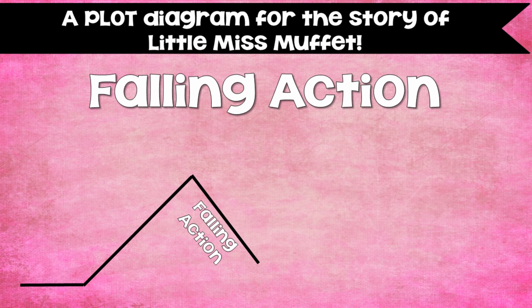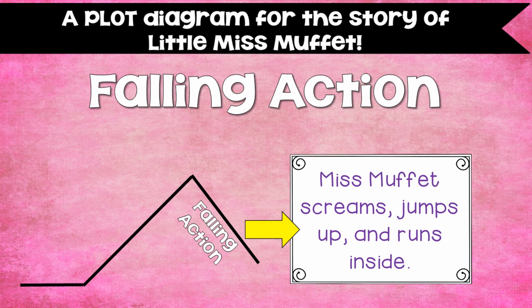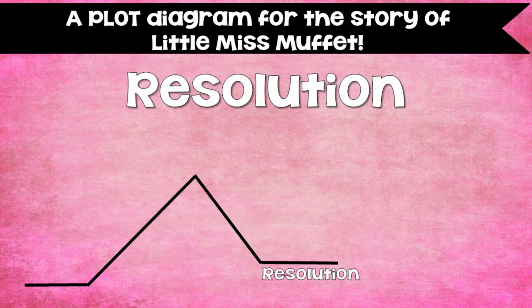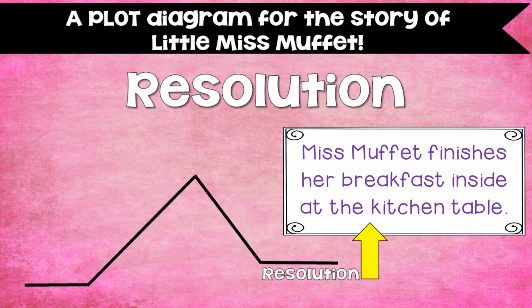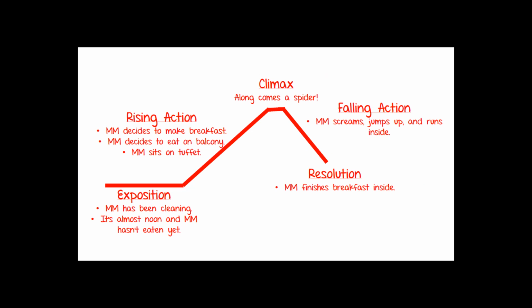The falling action. Miss Muffet screams, jumps up, and runs inside. The resolution. Miss Muffet finishes her breakfast inside at the kitchen table. Here are the notes that you need to fill in to plot out the story of Little Miss Muffet.